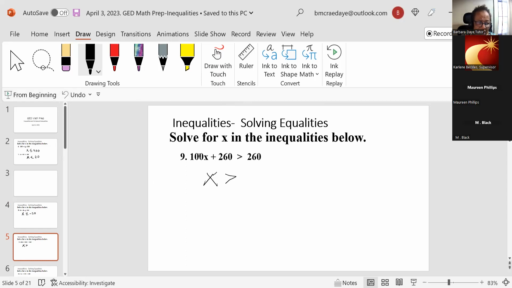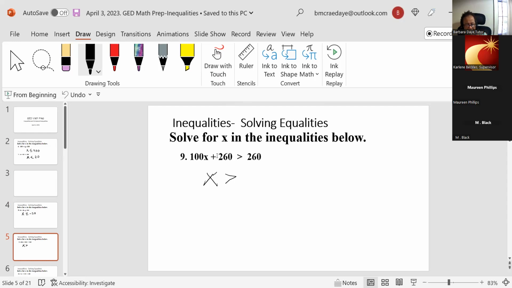That's a variable there. You can't add 100 to 260. So subtract it. Subtract what? 100 from both sides. No, that's a 100x, Maureen. So the answer will be x is greater than 100x.